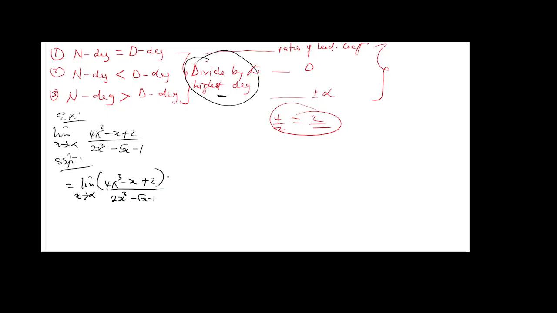Both sides will be divided by the highest, which is x cubed, so we have 1 all over x cubed, 1 all over x cubed.